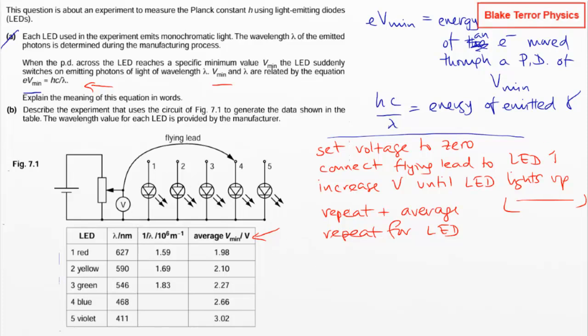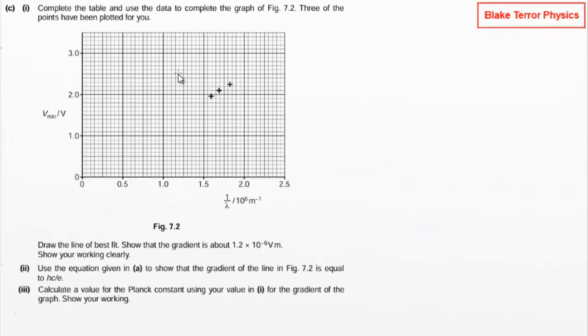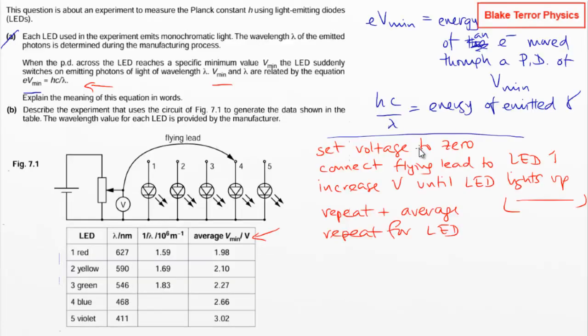Right, so there must be more for filling in the table. Complete the table, use your data, complete the graph. Yeah, plotting things on here is always a pain. So we're doing 1 over the wavelength. They've got it in 10 to the 6 meters to the -1, and we've got the nanometers there.